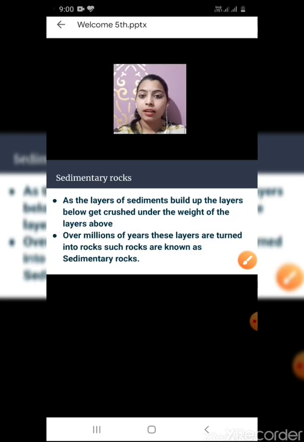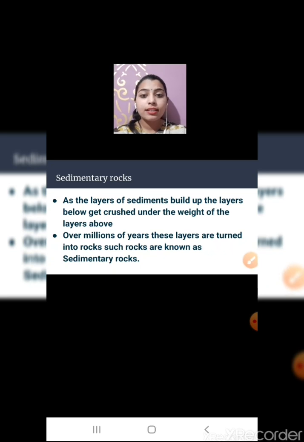Now next, as the layers of sediments build up, the layer below gets crushed under the weight of the layer above.